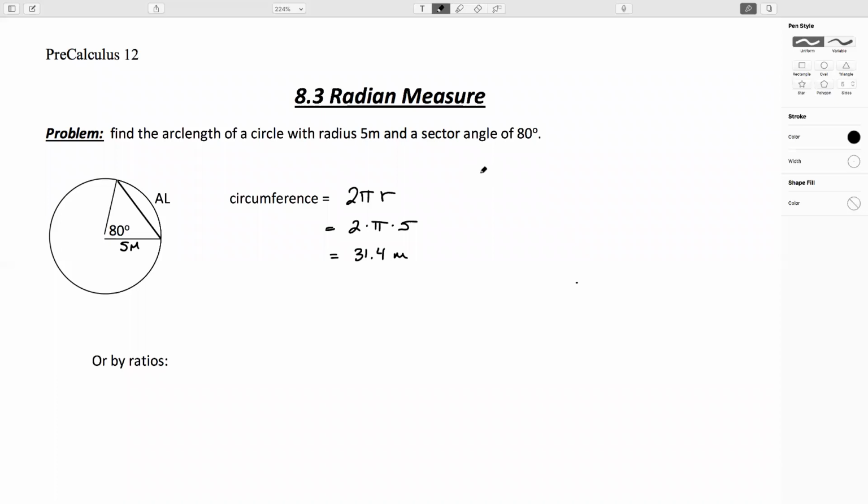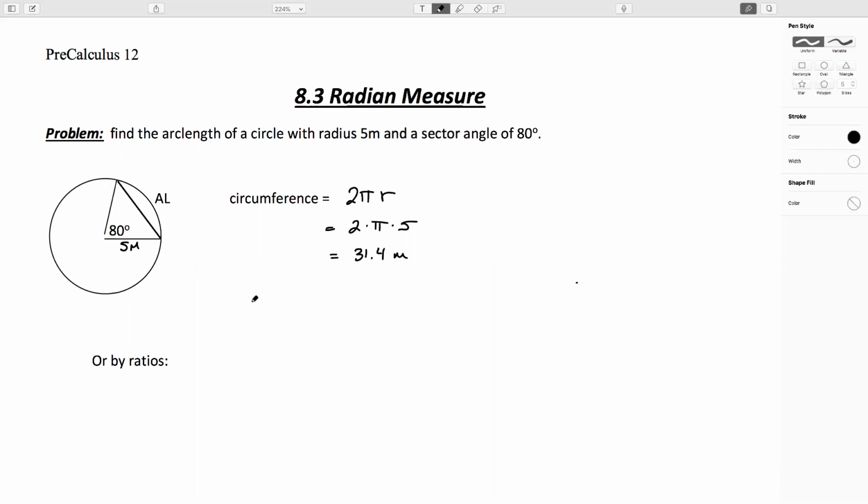All right. So then our arc length is going to be a portion of it. And you've got to think about what ratio of the whole circle we're talking about here. If there's 360 degrees in the whole circle, we've only traveled 80 of it, well then we've basically gone through 80/360ths of the circle.